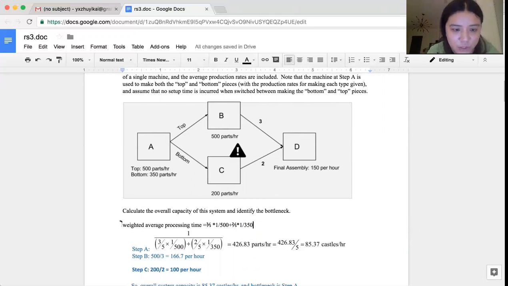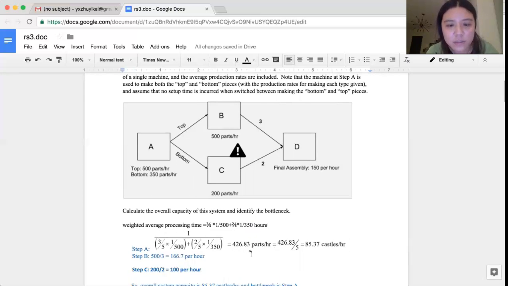Since we have the weighted average processing time in the unit of hours, we use 1 hour divided by the weighted average processing time, and then we get 426.87 parts per hour.